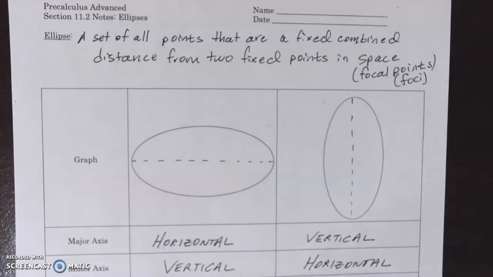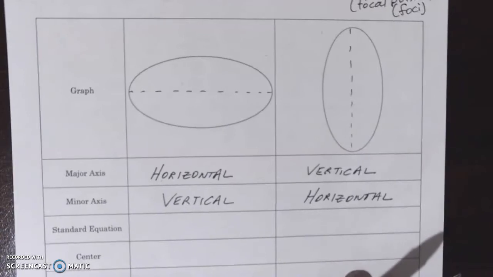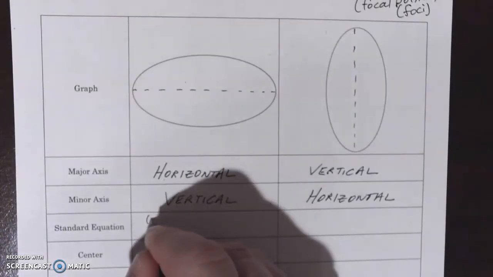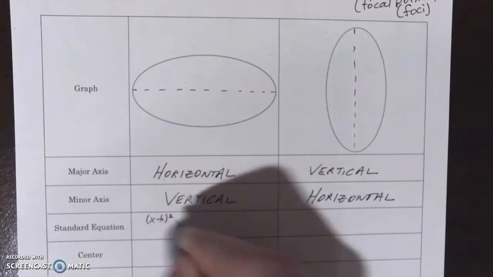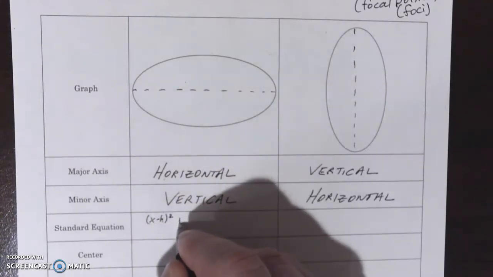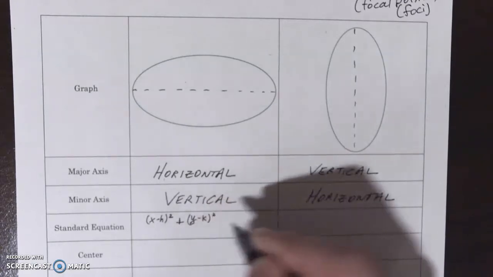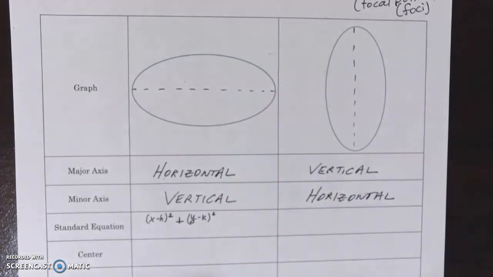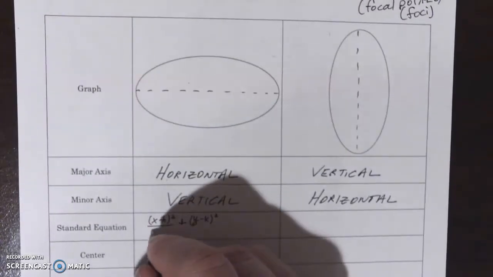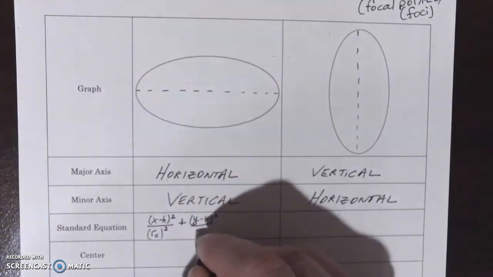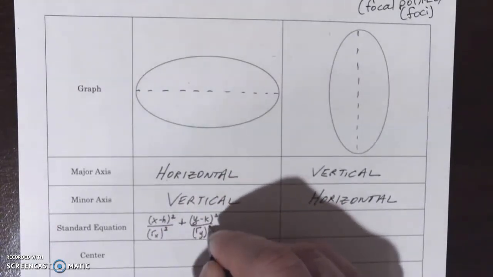Now, the standard equation for an ellipse is very similar to that of a circle. Okay, you'll see some similar things. All right, so we'll start with x minus h squared. We'll have a big plus sign here, y minus k squared. All right, but these are both going to have denominators underneath them. And we're going to label them as r sub x squared and r sub y squared.